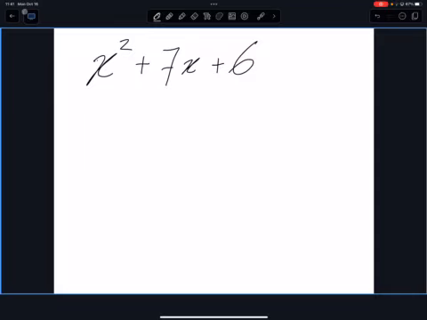So the first thing you have to do is find the roots. You can do completing the square if you want to, but you need to find the roots as well. So the first step is I have to find the roots.